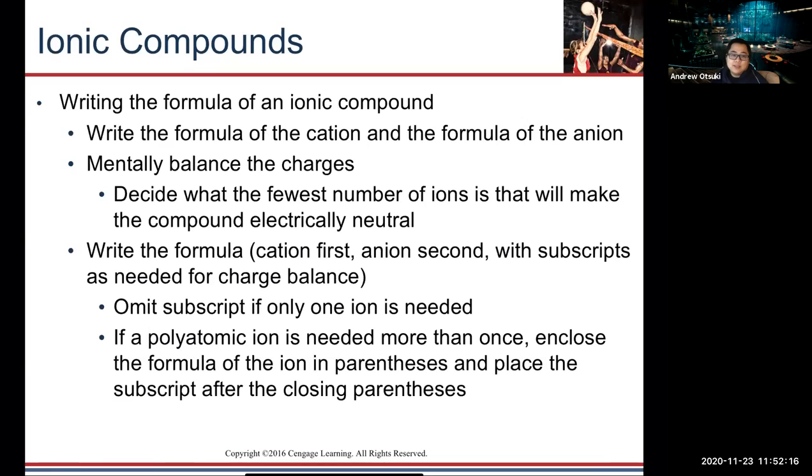So you need to think about the charges of the elements that make up the formula, and you need to combine them in a ratio in the chemical formula that balances the charge or has a net neutral charge of 0.